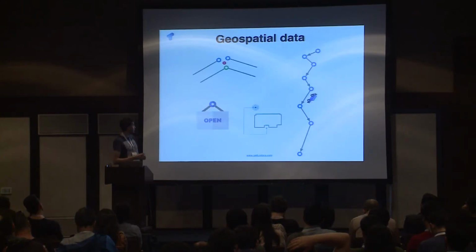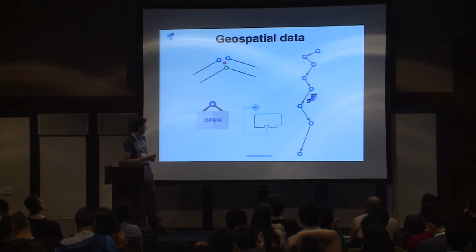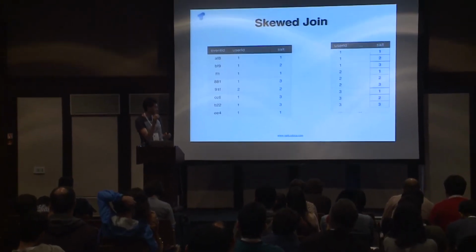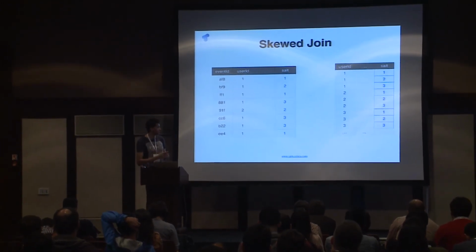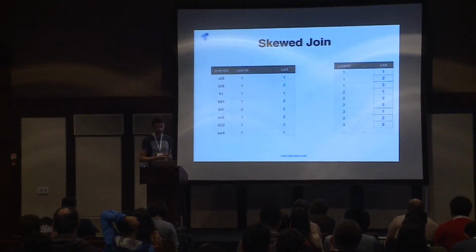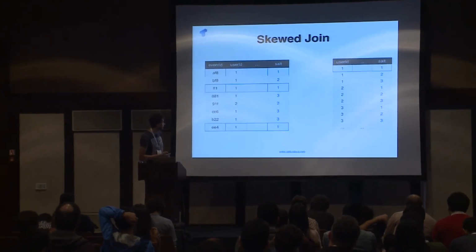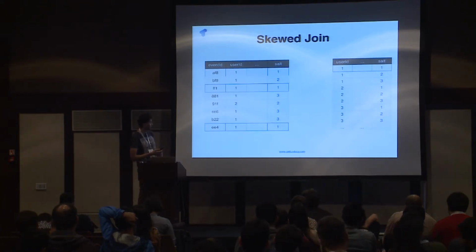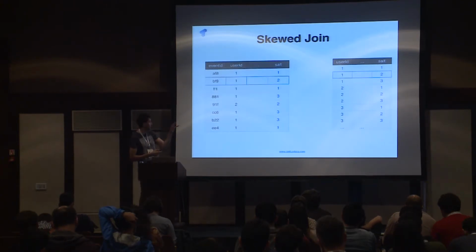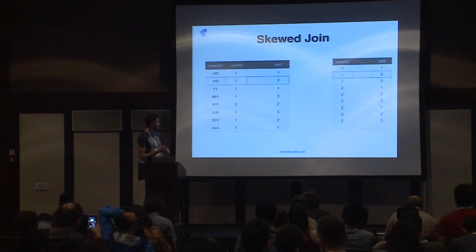And just to give you an example of what kind of operations you will have to introduce, every single possible salt value. So you duplicate your user records, and then when you do the join, you join not only by the user ID, but also by the salt. So user ID 1 and salt 1 will go to one task. User ID 1 and salt 2 will go to another task.